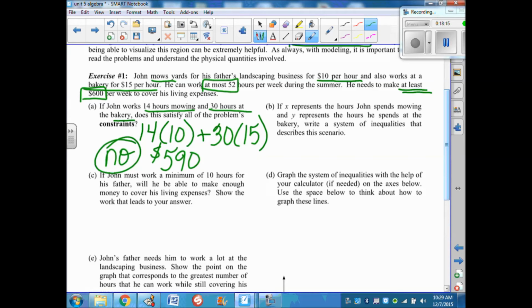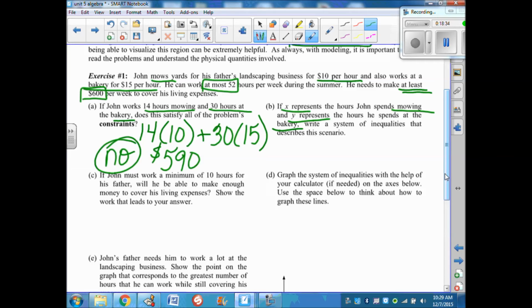Part B says, if X represents the hours John spends mowing lawns, and Y is the time that he's at the bakery, write a system of inequalities that describes the scenario. So we've got two situations here. We've got the hours that he works and then the money that he makes.